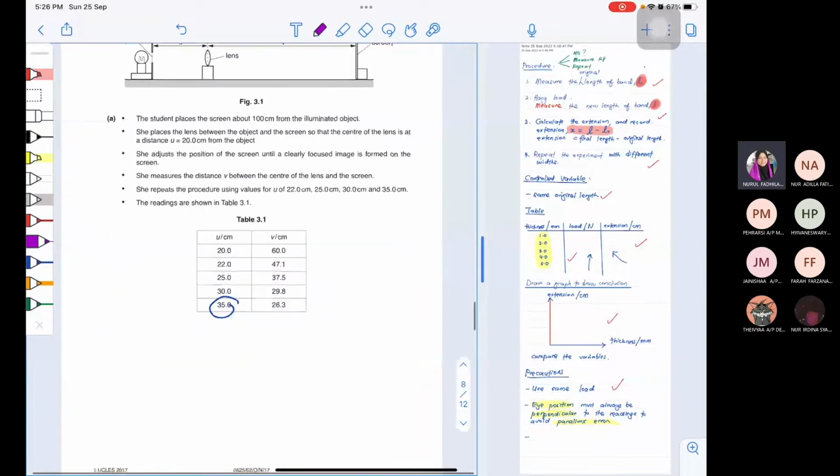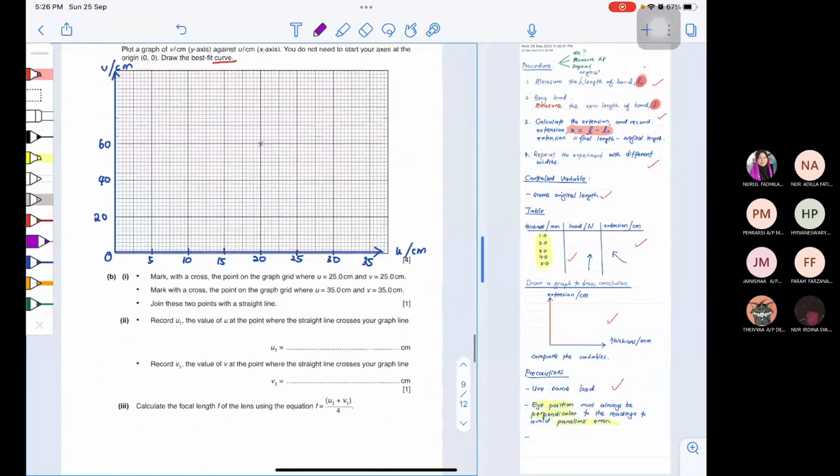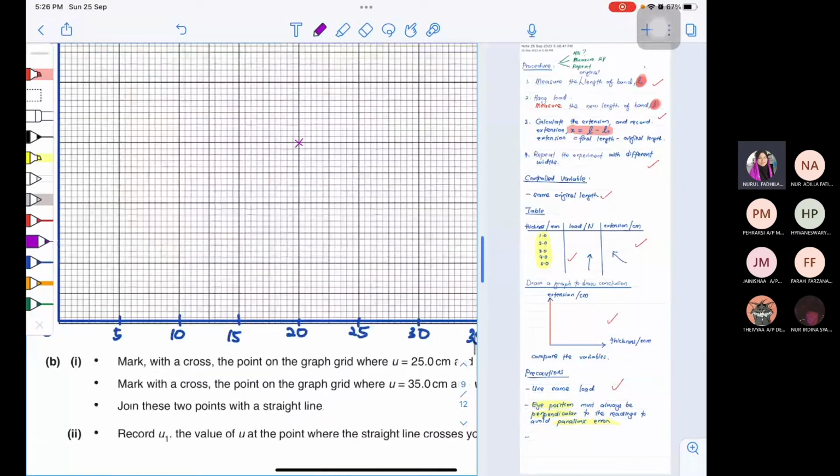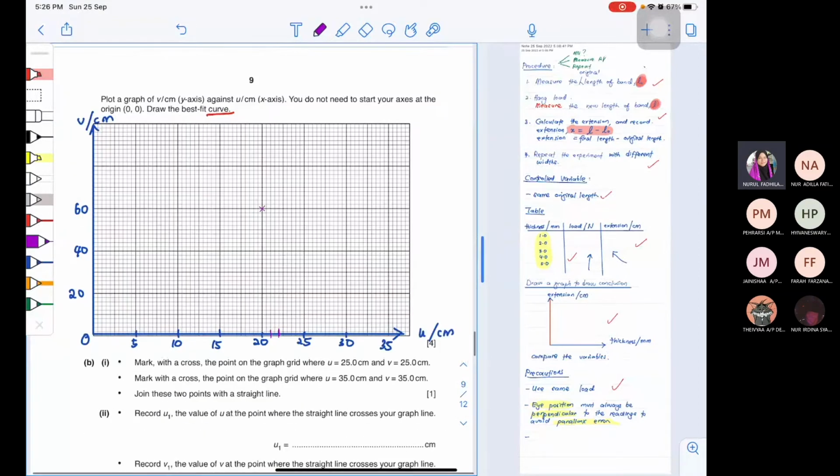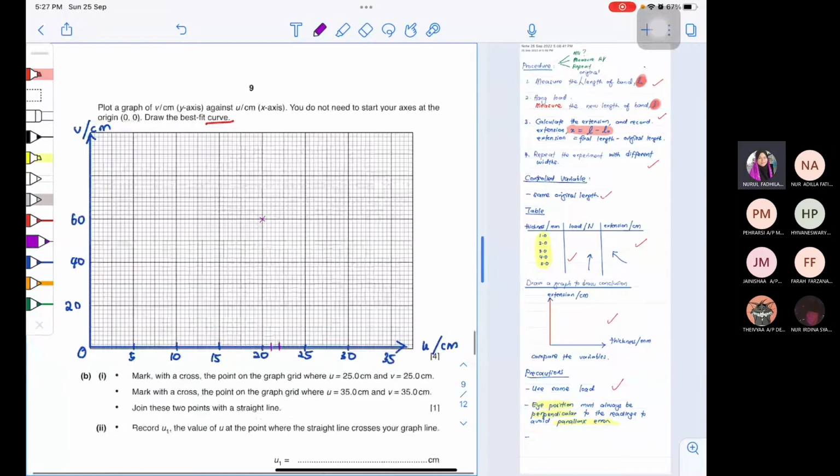Okay, and then kita ada 22, 47.1. Where's my 22? 20, 21, 22. 27.1. So sini akan jadi, okay, this is the line. So sini 40, so this is 30. 27.1 is in between. Betul?